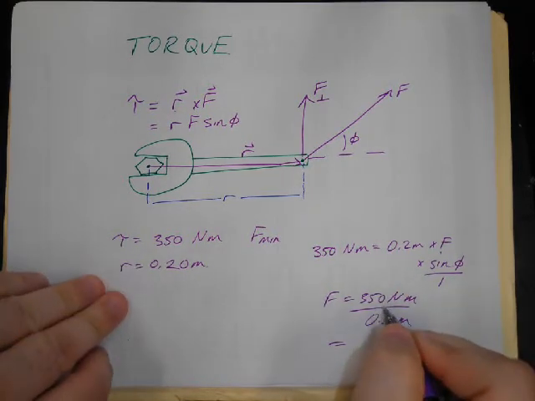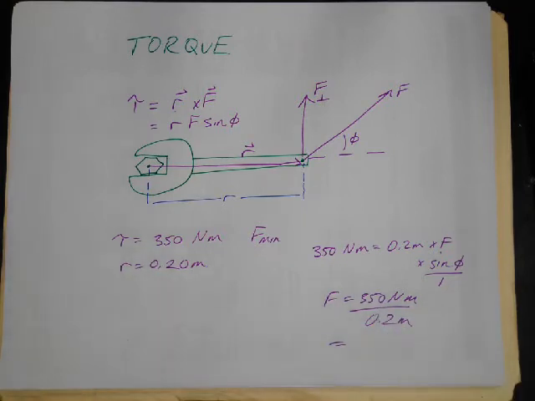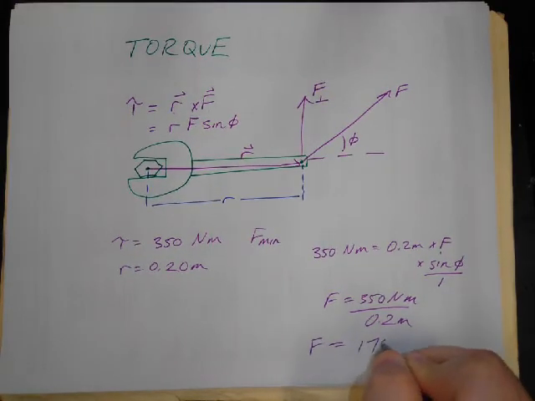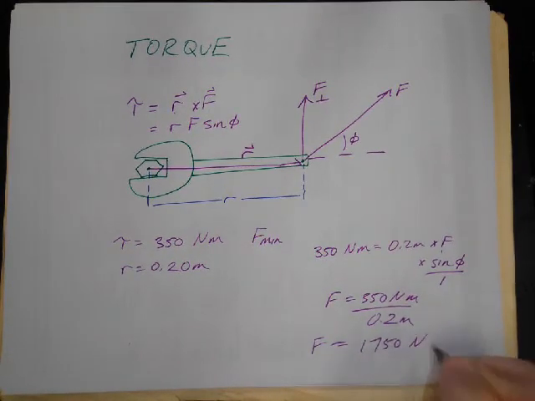Well, that's 1250, I think. No, not 1250, 1750. Anyway, 350 divided by 0.2 is 1750 newtons.